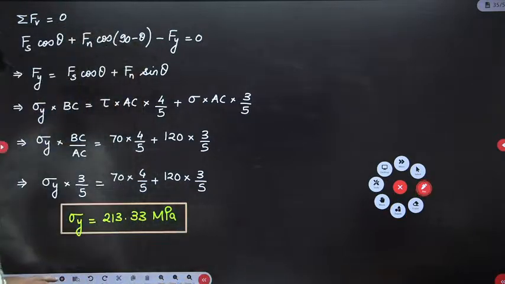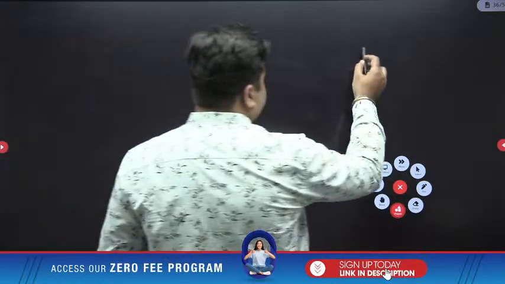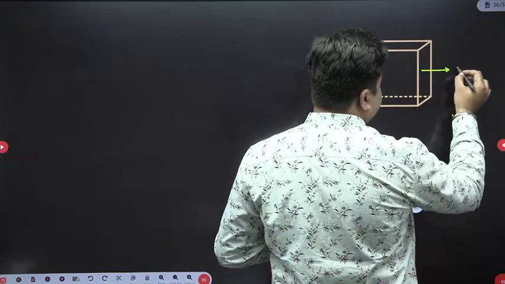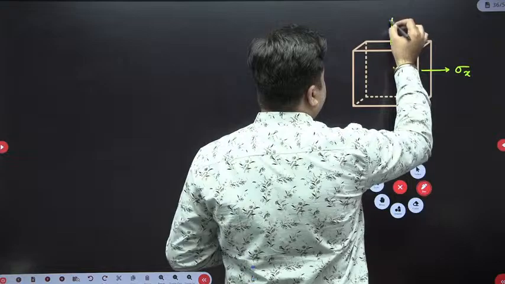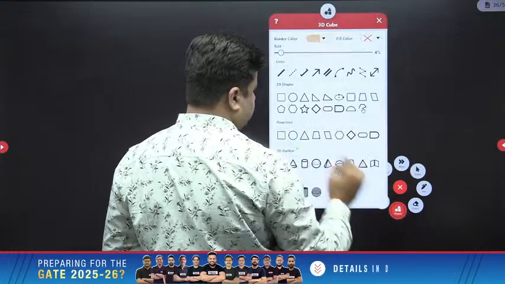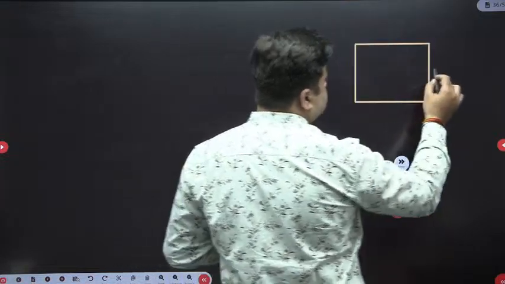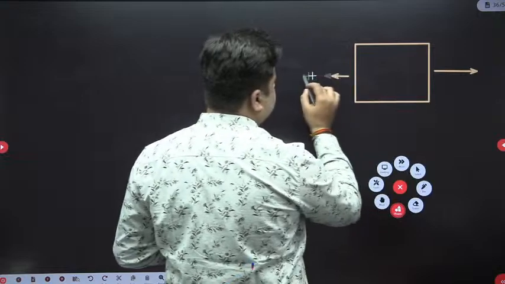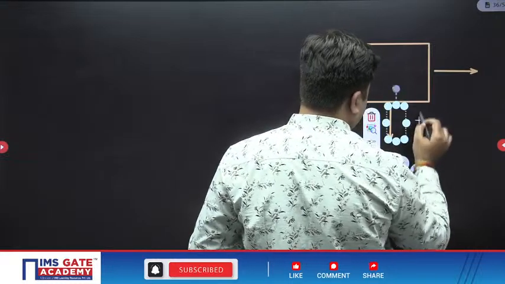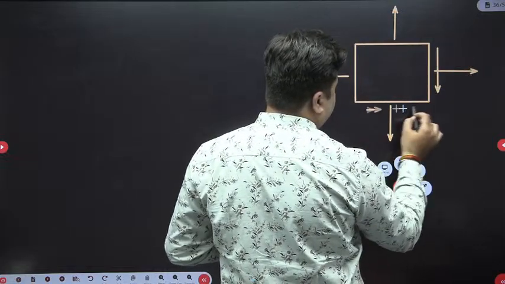Now after this, just have a quick briefing here, okay? For example, if there is an element like this which is subjected to a complex state of stress, this is an element which is subjected to sigma x, sigma y, then you have tau xy, tau yx.